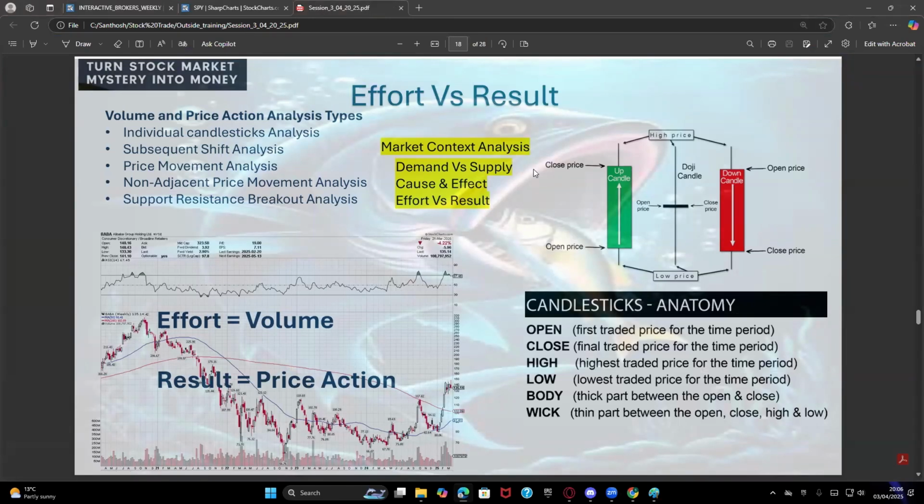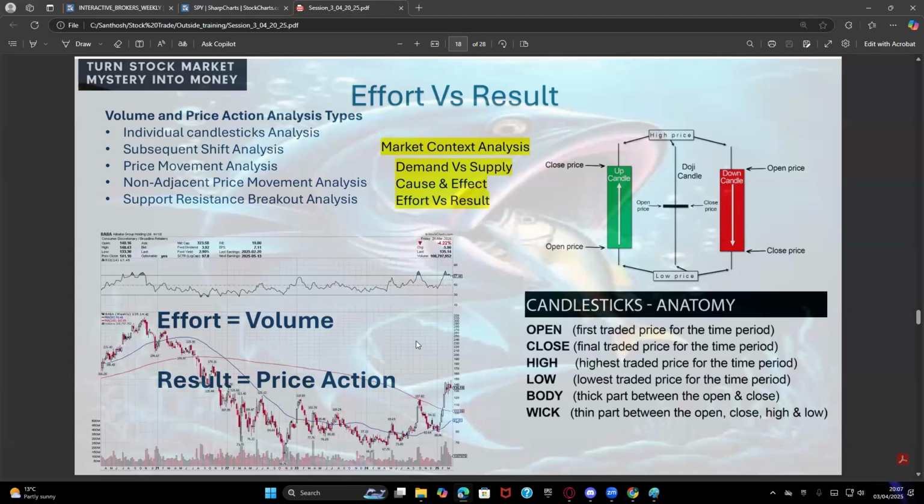Okay, today's topic is basically the effort versus result. Just to recap what we have studied in the last few classes: demand versus supply, cause versus effect, and effort versus results. These three important factors influence the stock moves: markdown, sideways, markup again, and then distribution.